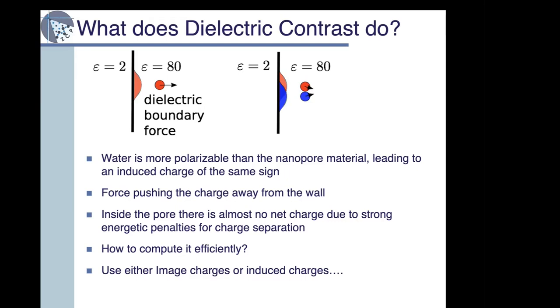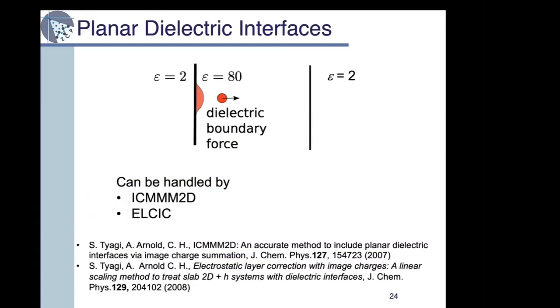There are these two methods. Either use image charges, which is what you probably learned at some point in your electrostatics lectures, on how to solve the potential in front of a dielectric boundary, or you use what's called induced charges. We have in ESPResSo basically two ways of doing this. One is IC MMM2D, which is very slow, and the other is ELC-IC. The 2D comes about because we are again in partially periodic geometries.